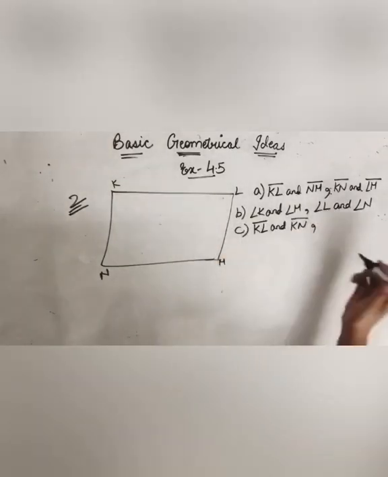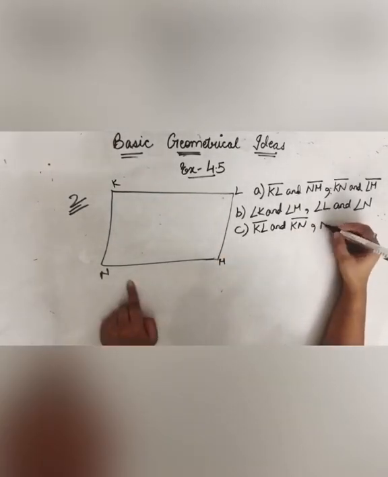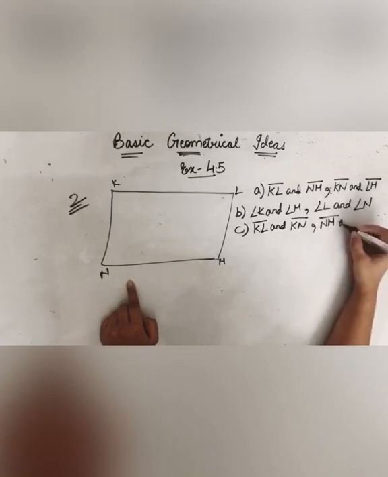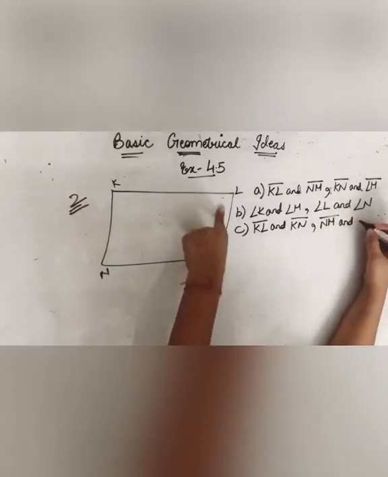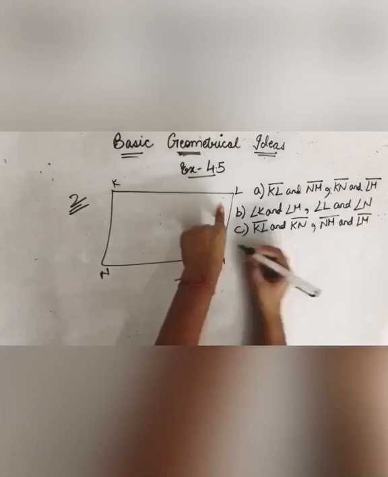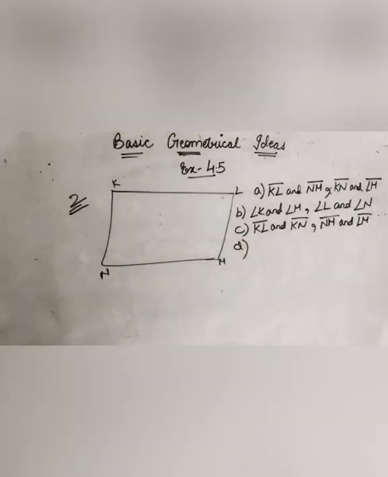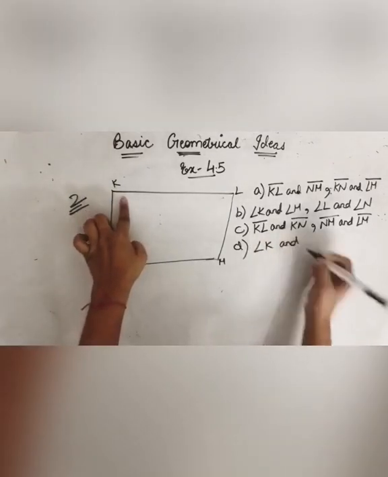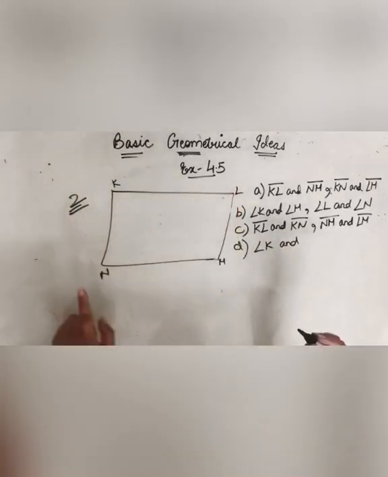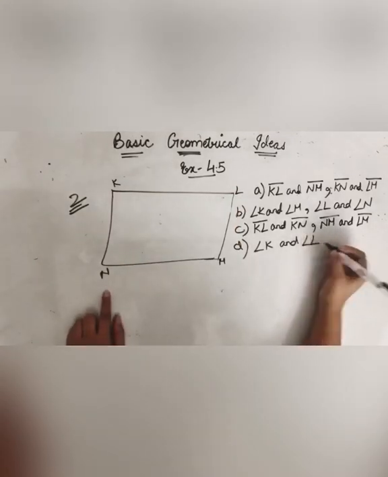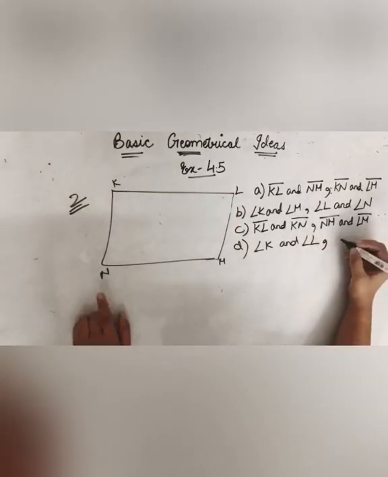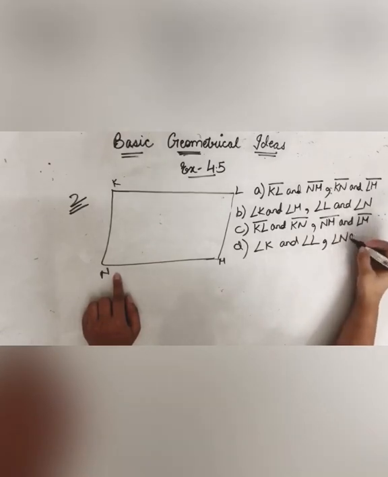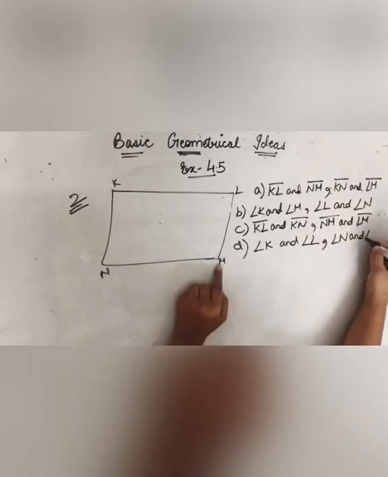Second pair is, if I am taking NM, the side adjacent to NM I am taking LM. D part, two pairs of adjacent angles. So if I am taking angle K, the adjacent angle can be L also, N also. And second pair, if I am taking N, the adjacent is M.